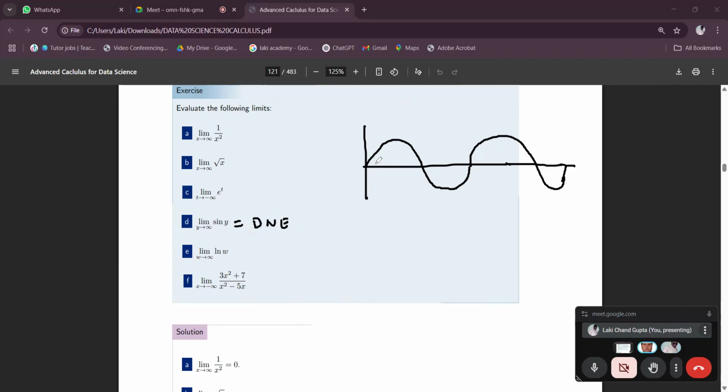If it is always increasing, then you can say you will get infinity. If you are going toward the left side decreasing continuously, then you can say minus infinity. But sometimes increasing, sometimes decreasing, this does not exist.